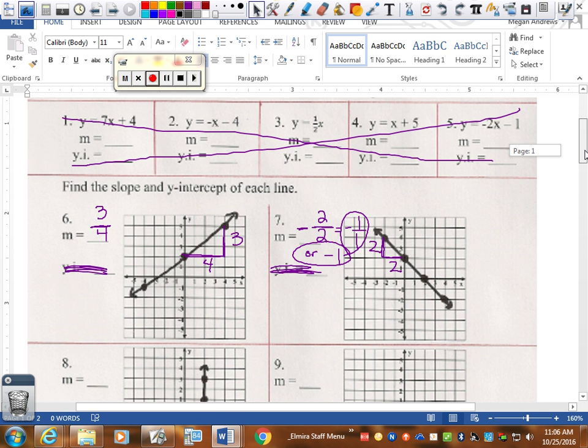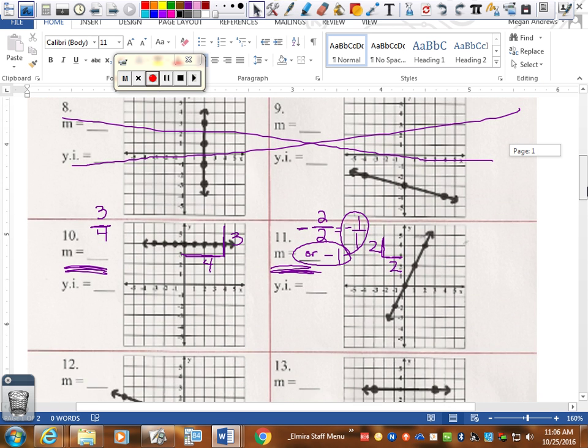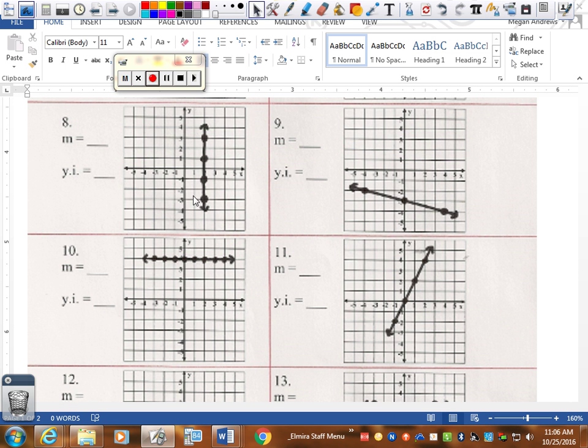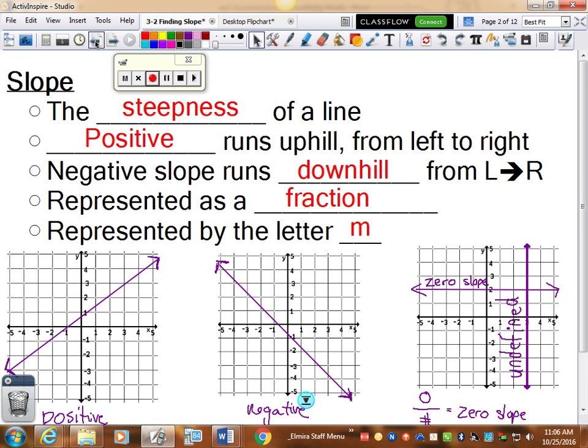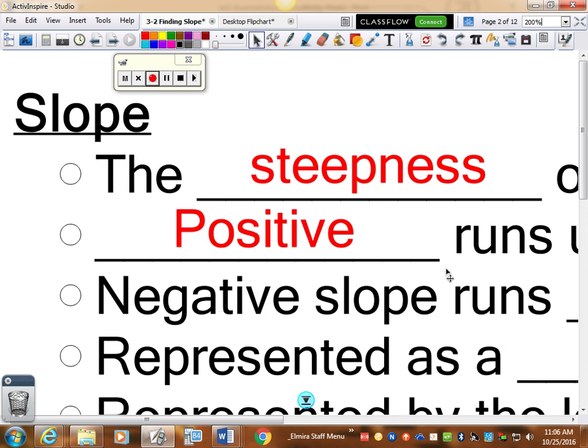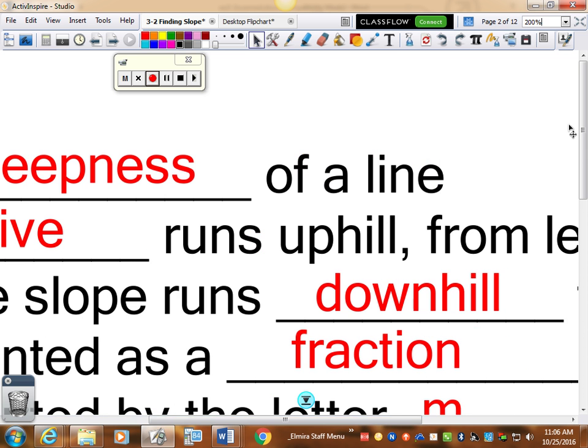And I want to look specifically at 8 and 10. Guys, if you look back at the notes where we talked about, oh, here it is. Let's blow it up.